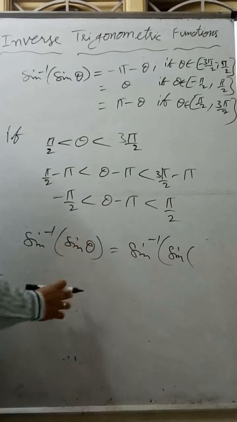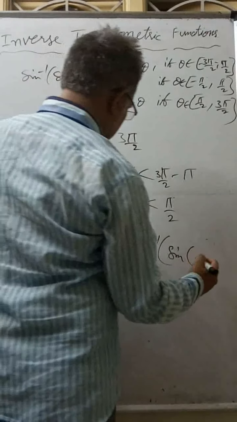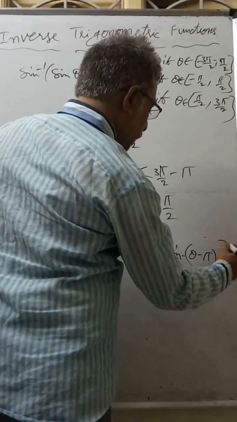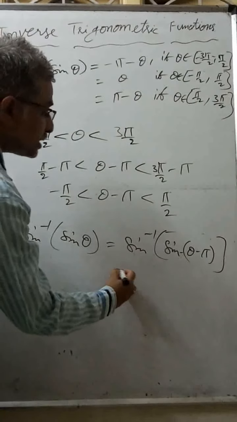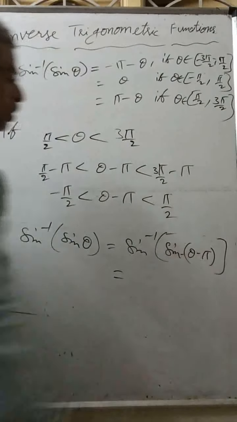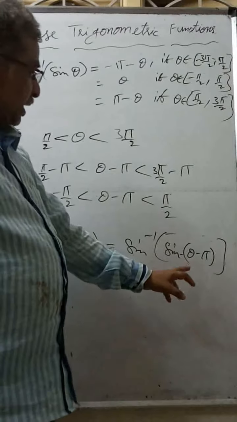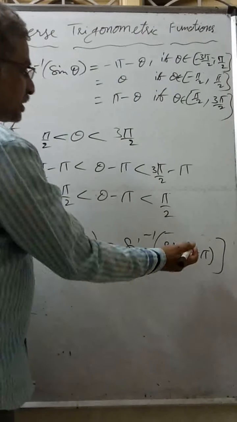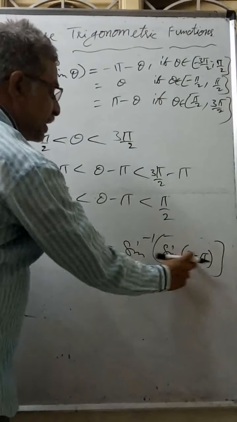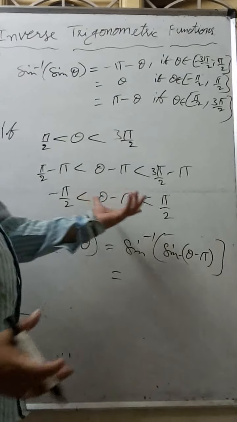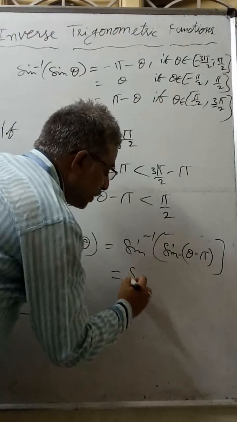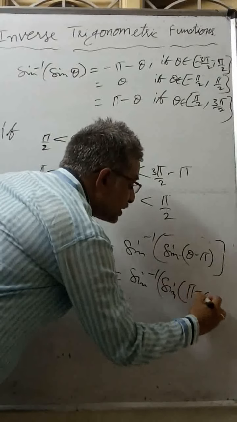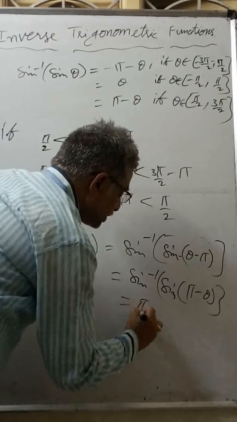So in place of theta, if I write minus of theta minus pi, the minus goes inside and it becomes pi minus theta. Sin of pi minus theta is sin theta only. But theta minus pi lies within our domain, so no problem. It becomes sin inverse of sin of pi minus theta, so it becomes pi minus theta.